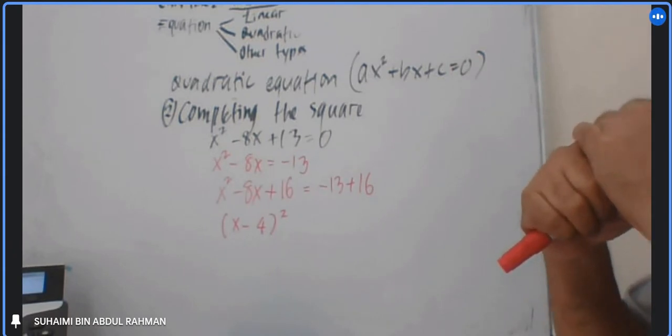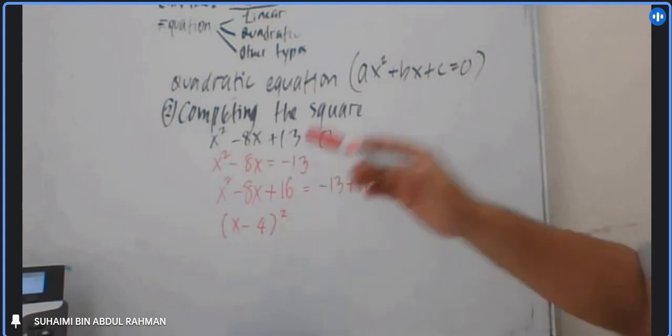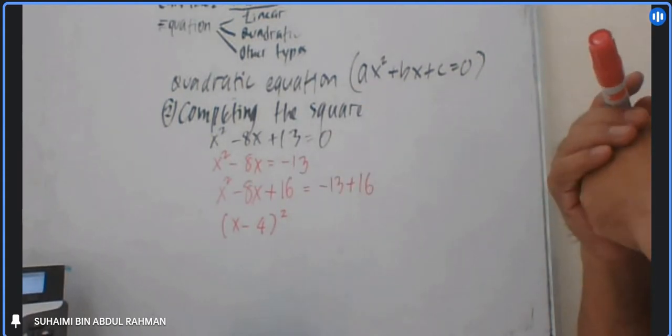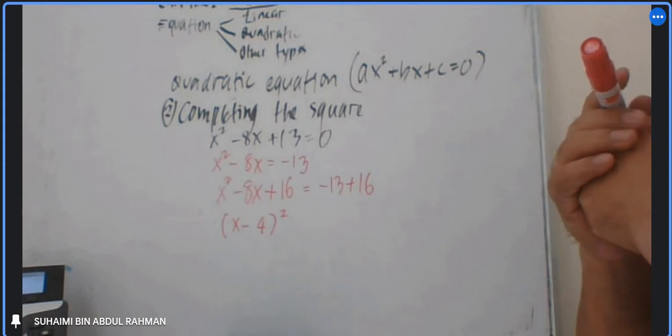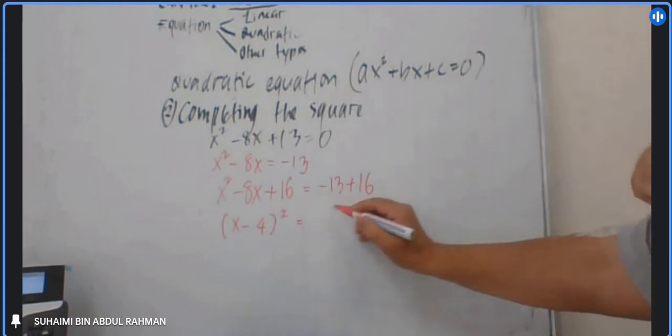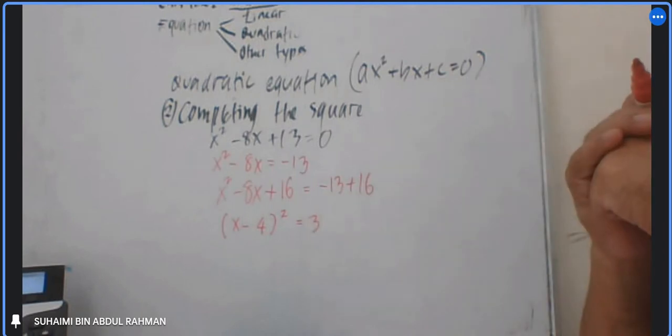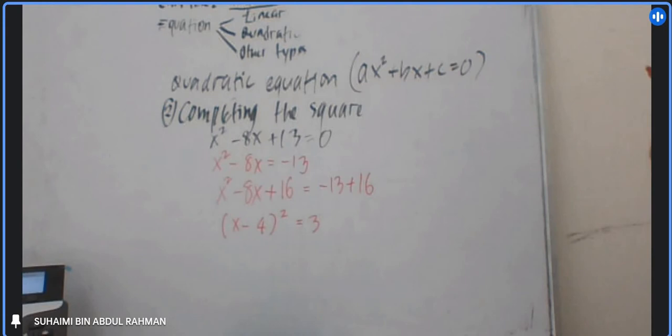So the simplification of x squared minus 8x plus 16 is x minus 4 squared, which is equal to 3. Minus 13 plus 16 is 3.